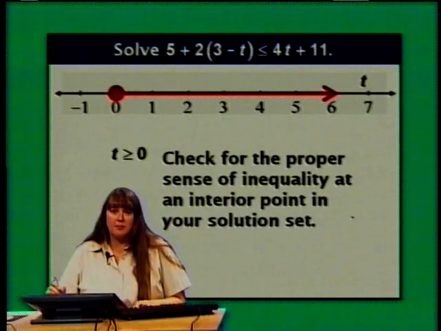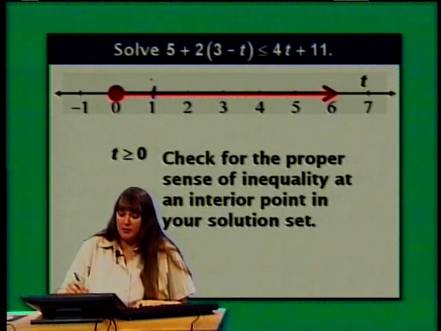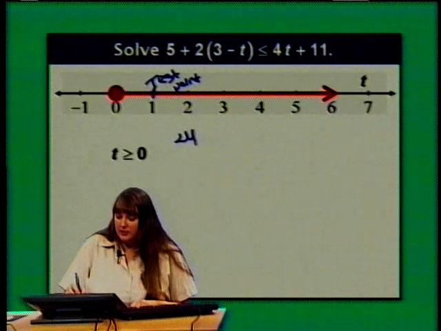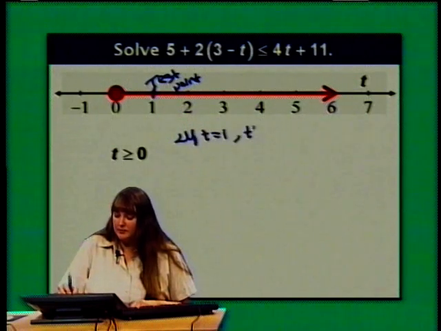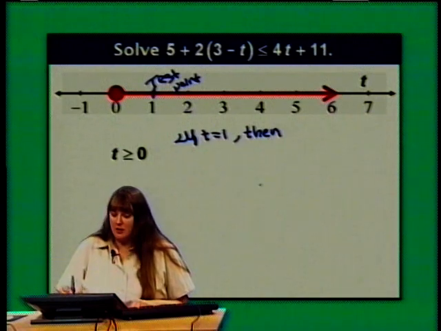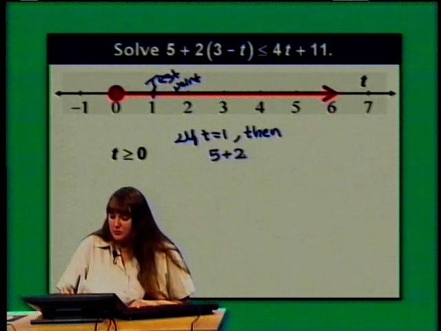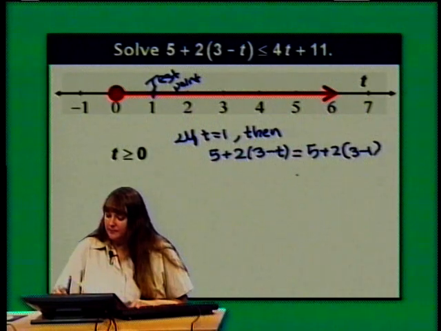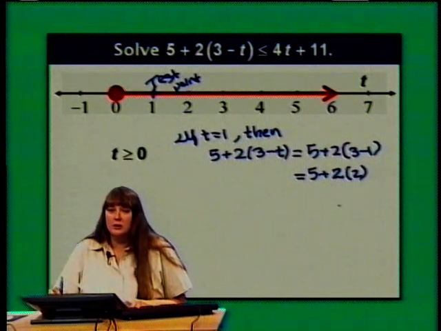Now I want to check for the proper sense of inequality at an interior point in my solution set. This time, I think I'm going to use t equals 1 as my test point. So if t equals 1, then my variable expression on the left-hand side, 5 plus 2 times the quantity 3 minus t, would evaluate to 5 plus 2 times the quantity 3 minus 1. That's 5 plus 2 times 2, which is 5 plus 4, which is 9.